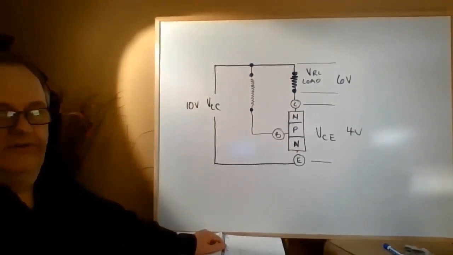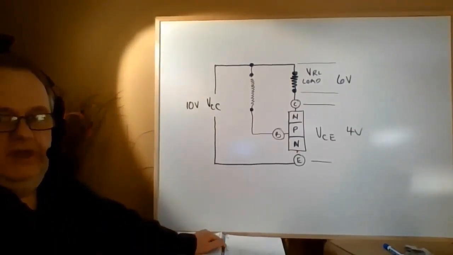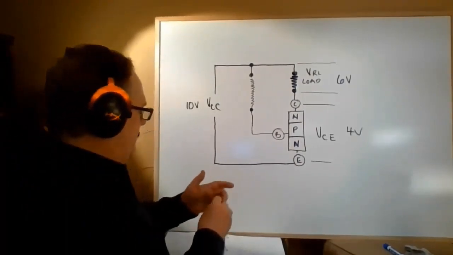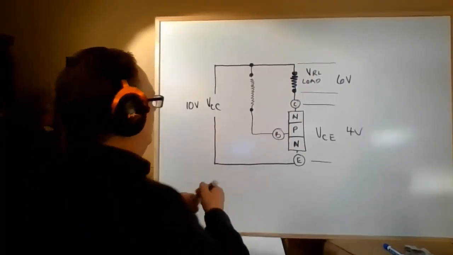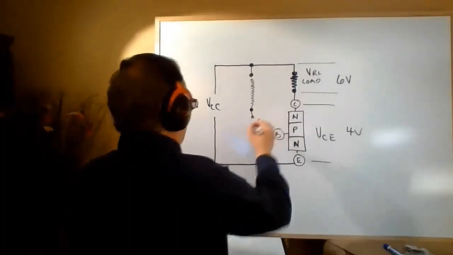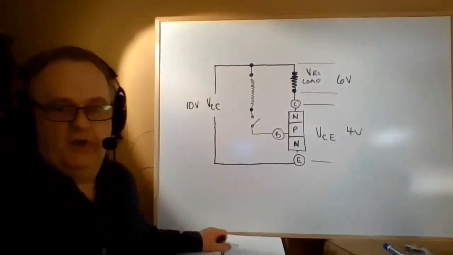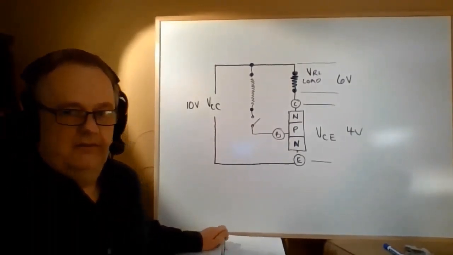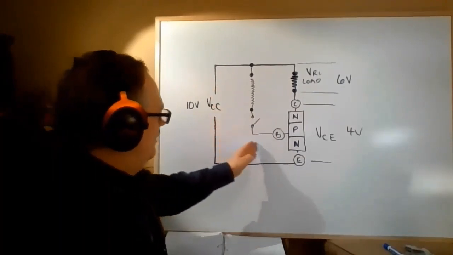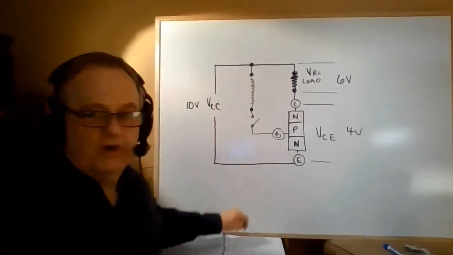Now, what I want you to see is that I'm going to give you this by states. If this is cut off, it would be like having a switch in here. If this is cut off, which means we have no base current, then there would be no voltage dropped here and no voltage dropped here because there would be no current there.